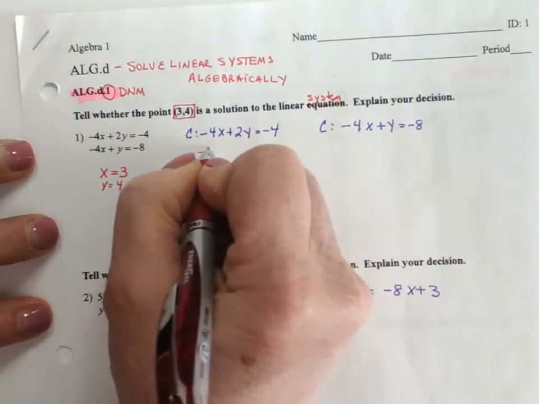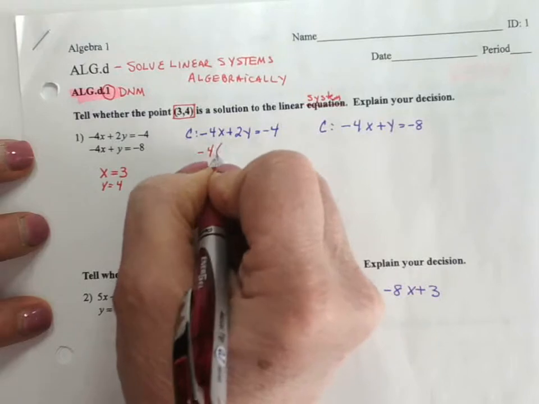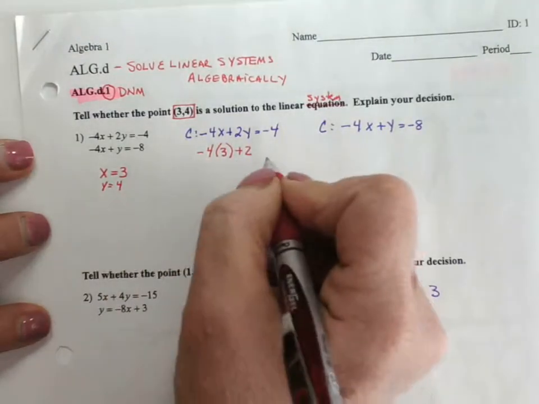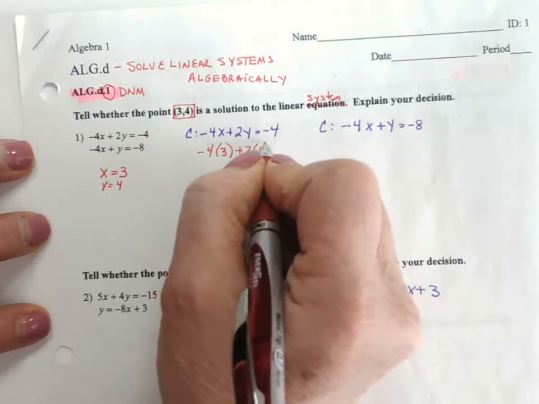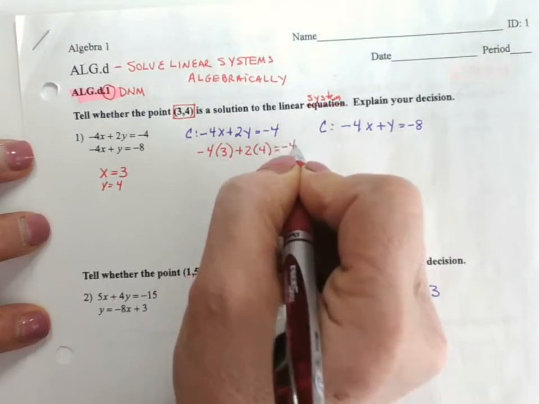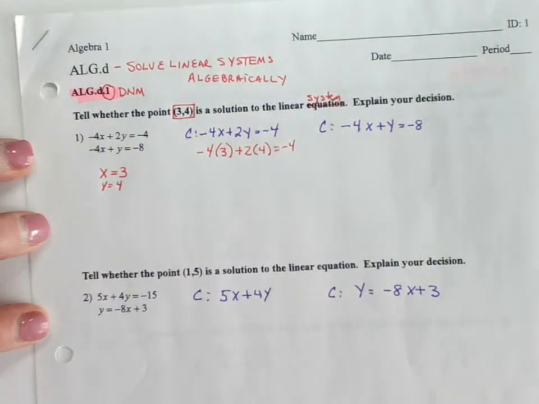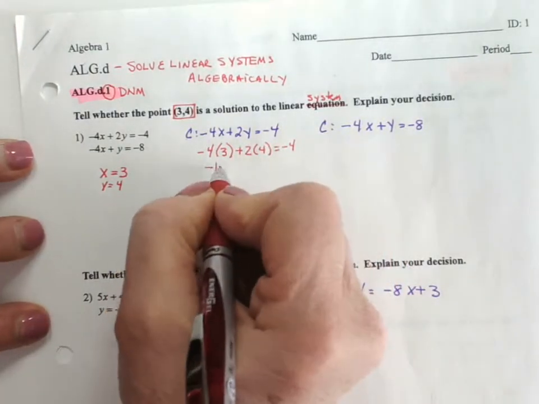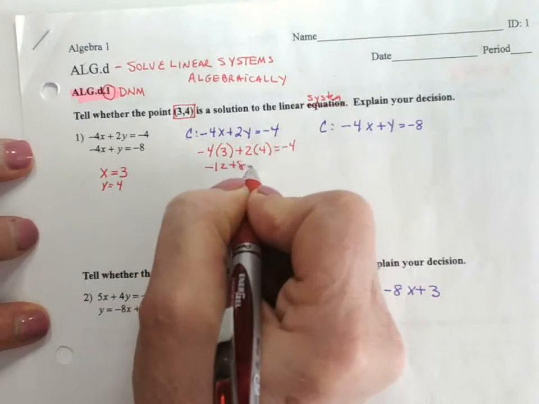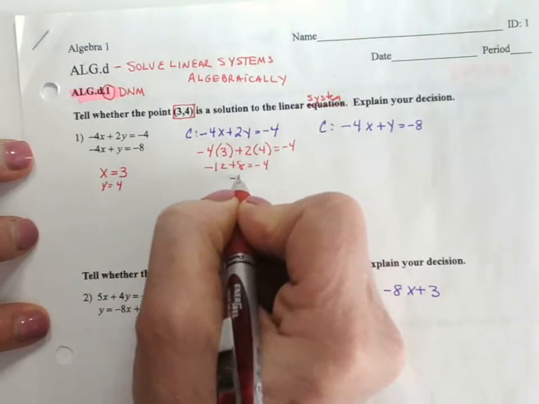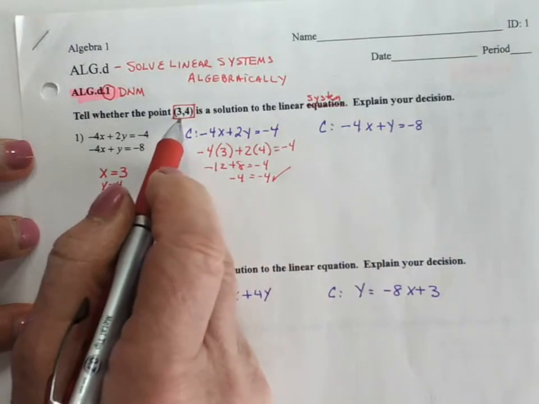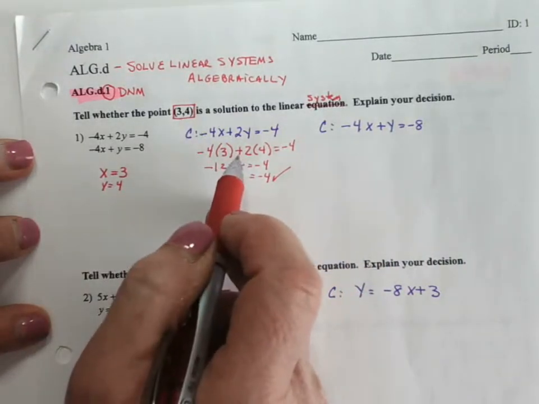For the first equation, -4 times 3 plus 2 times y, which is 4, equals -4. On the left-hand side, we get -12 plus 8 equals -4. -4 equals -4. So that means this point is on this line.